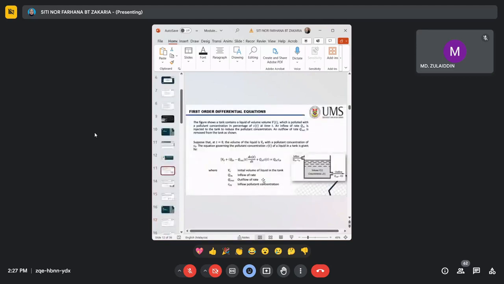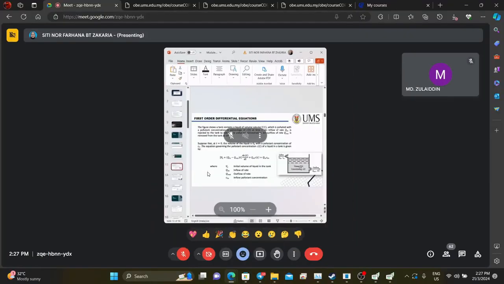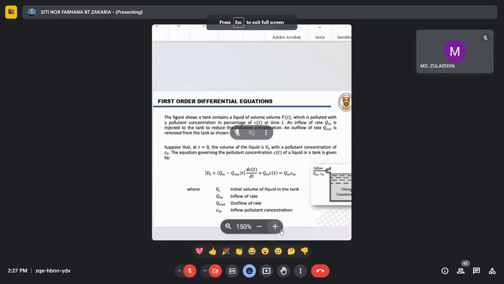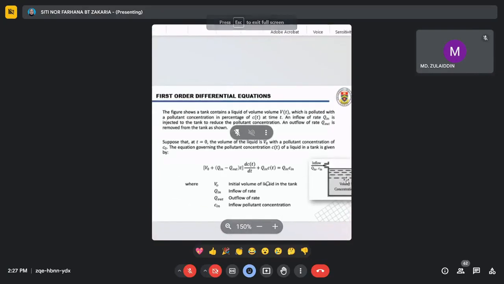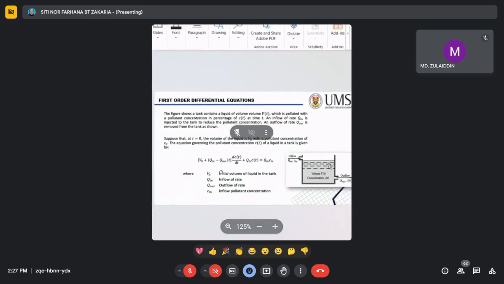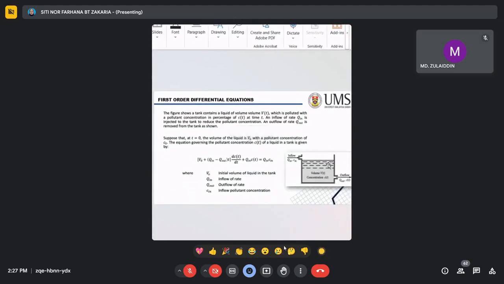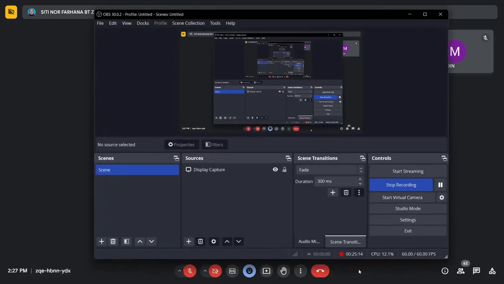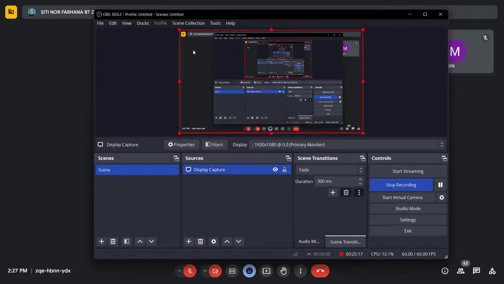Okay, this is example of first order differential equation application. As you can see in this slide, we have a water tank here. So in water or environment engineering, you will learn about water pollution concentration. So each of tank usually have amount of pollutant concentration, but the pollutant concentration dia akan vary atau change by time.